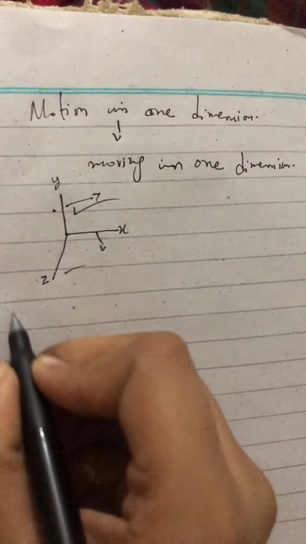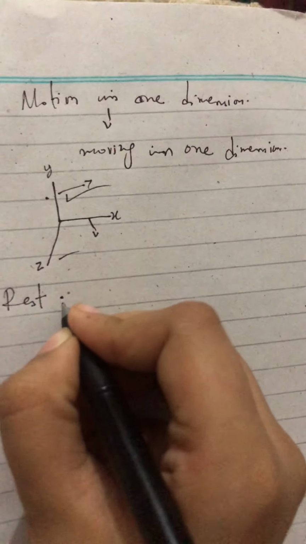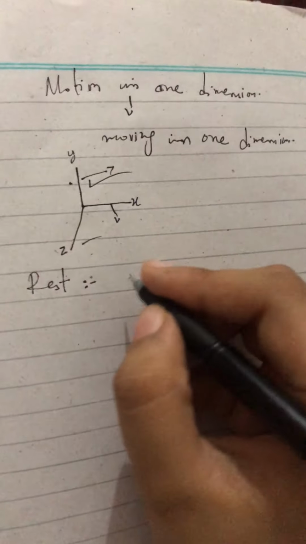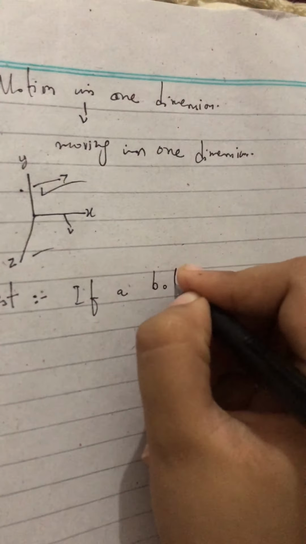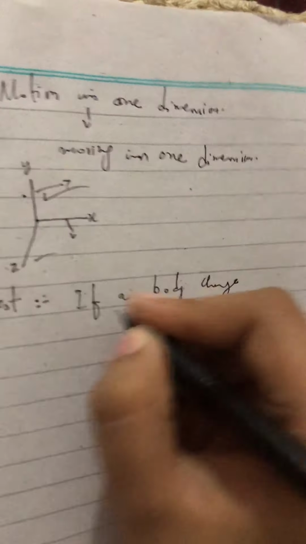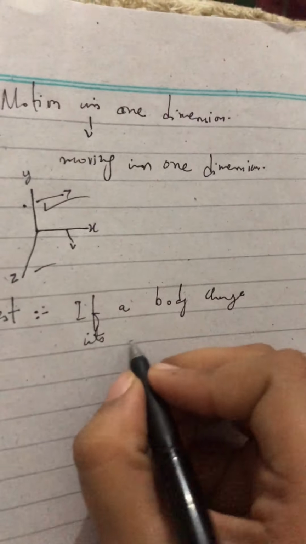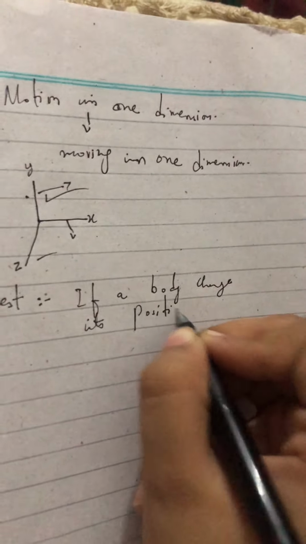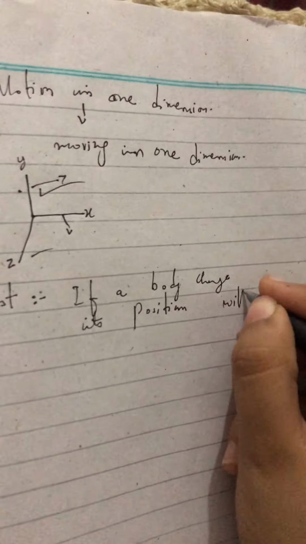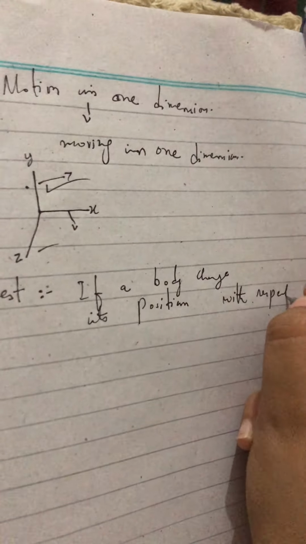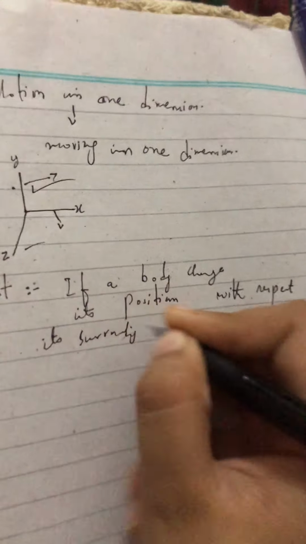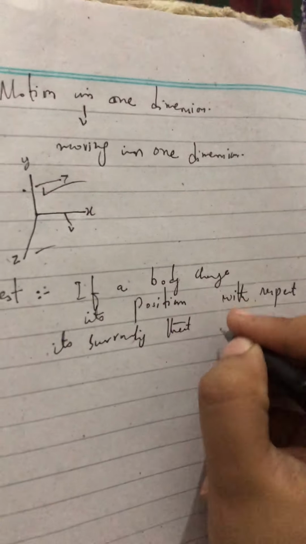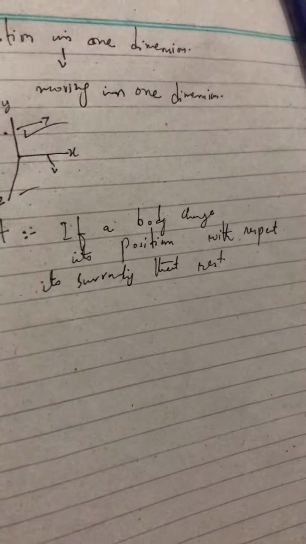After that, we are having what is rest and motion. First of all, what is rest? If a body changes its position with respect to its surroundings, so that will be called motion. As in previous classes, we have also studied about rest and motion.